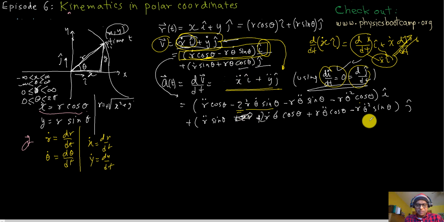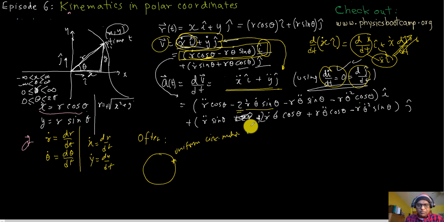So it's pretty complicated. Often we may be interested in uniform circular motion. Okay, in the uniform circular motion, what's going on? R equals constant.